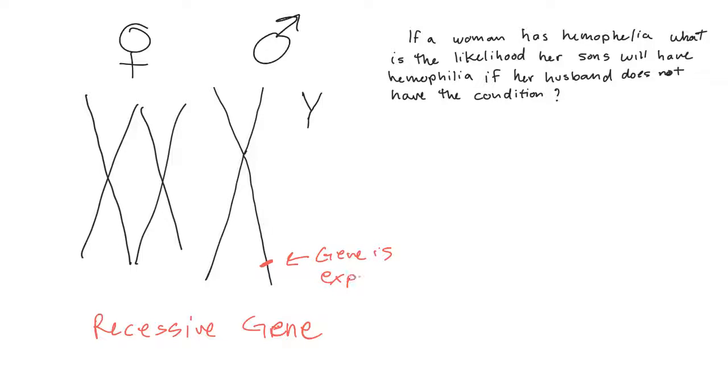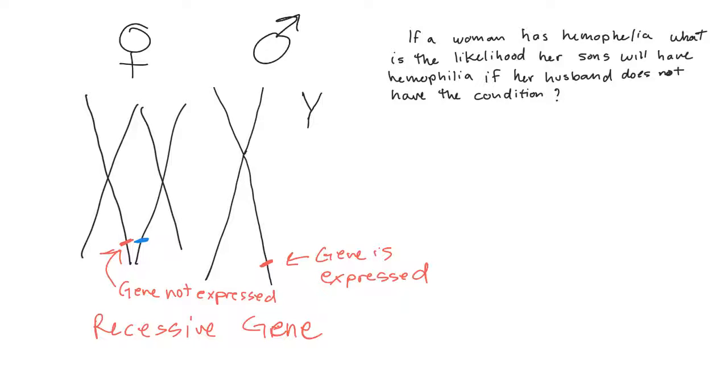If you are a female and you have this gene, you may or may not express it depending on what's on your other X chromosome. But let's say on the other X chromosome you have a different gene that is dominant to it. Well, then this gene is not going to be expressed. So this means that the likelihood of expressing genes that are on the X chromosome is different depending on whether you're male or female. So I have an example problem here.